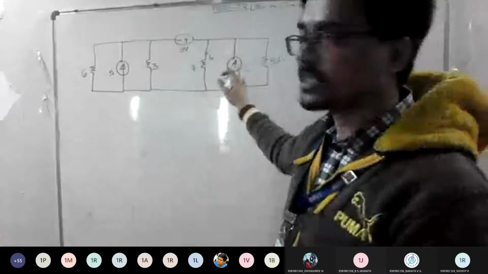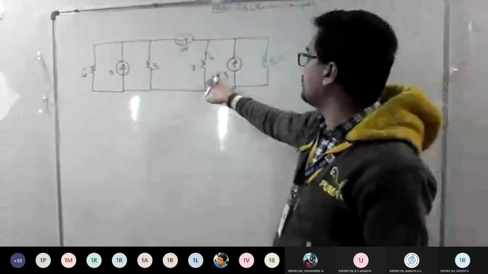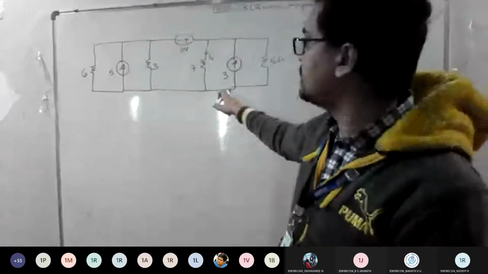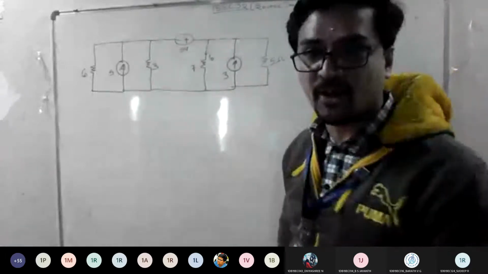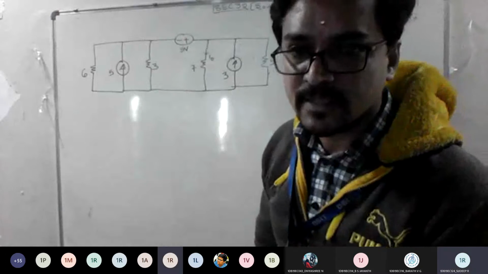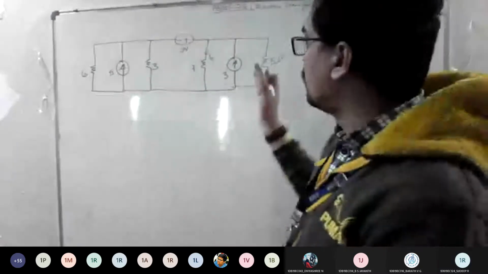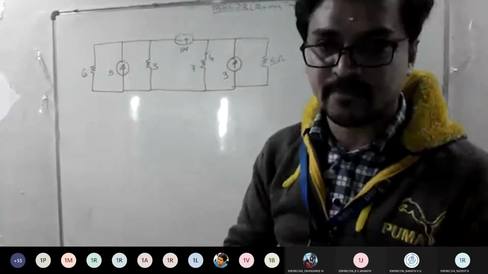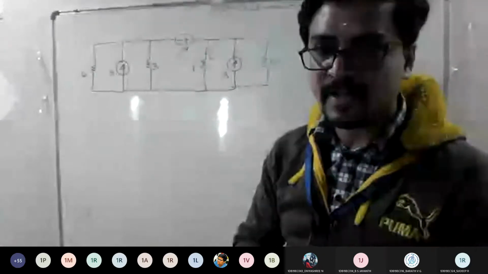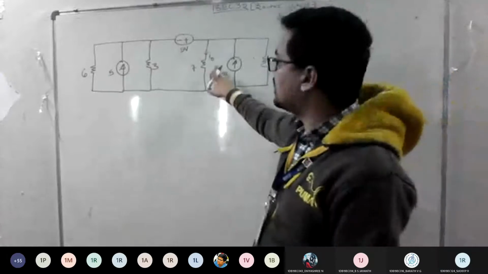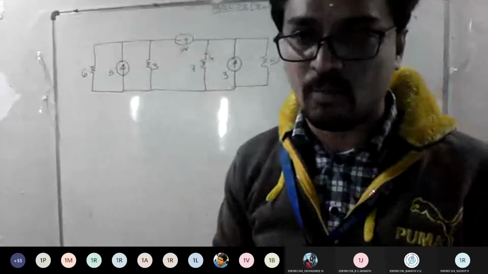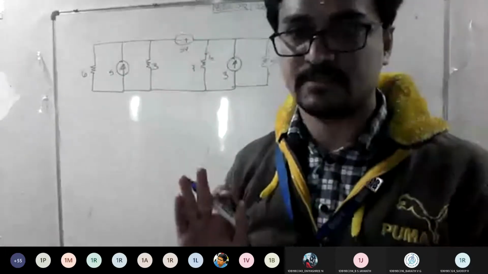For example, this 7 and 5 look like they are in parallel, and your mind will tell you to do the parallel. This is where you will make a mistake. Whenever they ask to find the current I naught, you are not supposed to touch that 7 ohm. It should be constant.